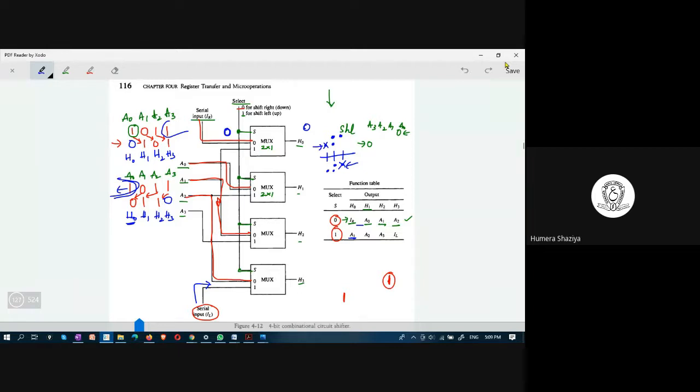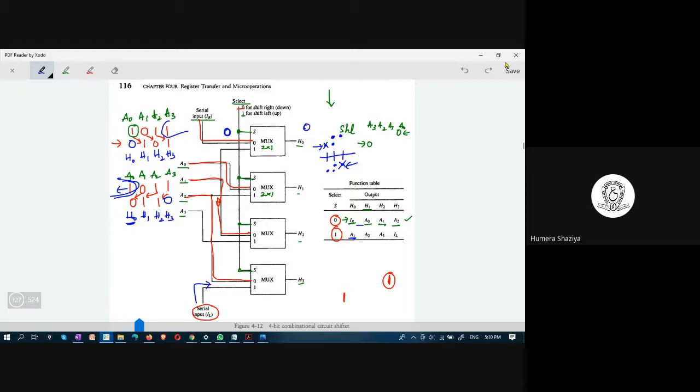And what does this multiplexer do? Multiplexer takes shift, means selection input line. For 0, all zeros means it is right shift. It performs right shift when S is 0. It performs left shift when S is 1.